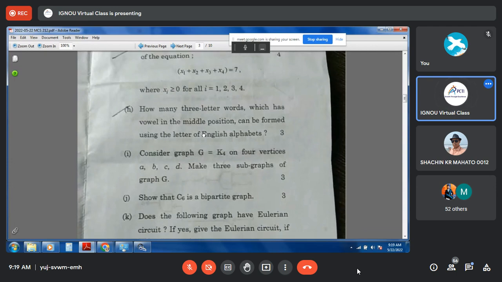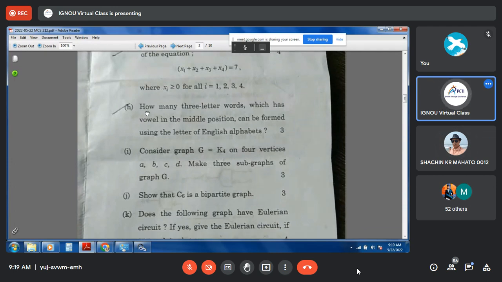See, same type of numerical here. How many three-letter words which have a vowel in the middle can be formed using the letters of the English alphabet? It was a previous question paper which was held in February, I think.